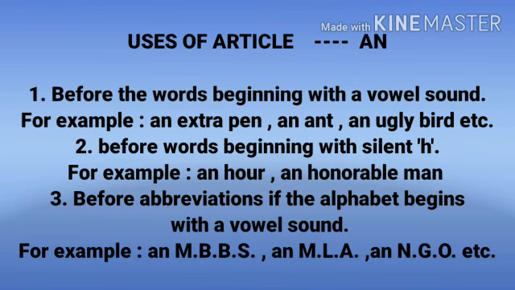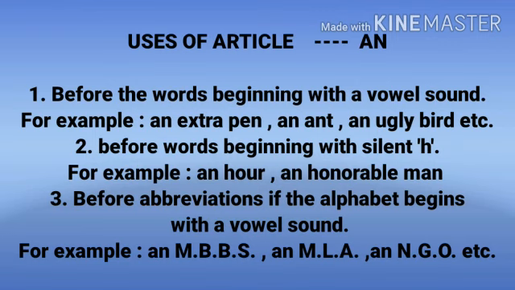Point number 3, before abbreviations, if the alphabet begins with a vowel sound. For example, an MBBS, an MLA, an NGO, etc. Now here, if we concentrate on the spelling, the first letter is a consonant, but the sound it is producing is like a vowel.